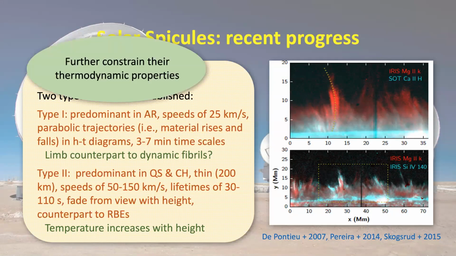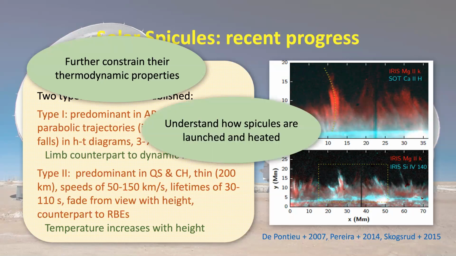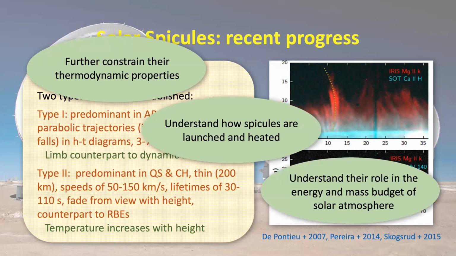Nevertheless, the macro questions remain: further constraining the thermodynamic properties of spicules, understanding how they are in fact launched and heated, understanding ultimately their role in the energy and mass budget of the solar atmosphere.